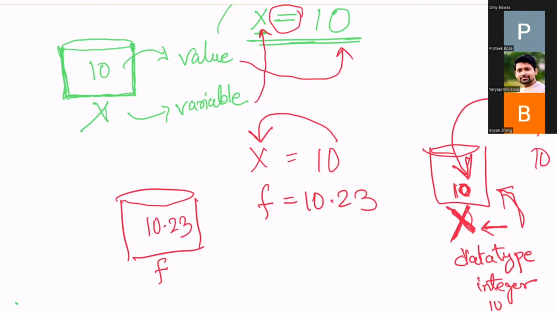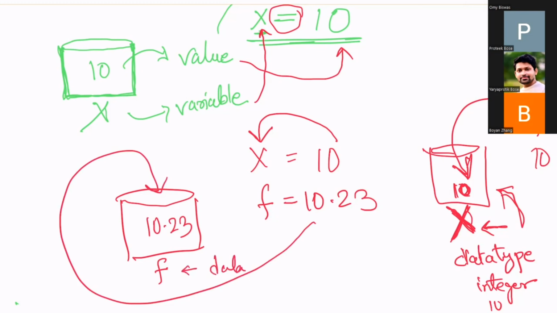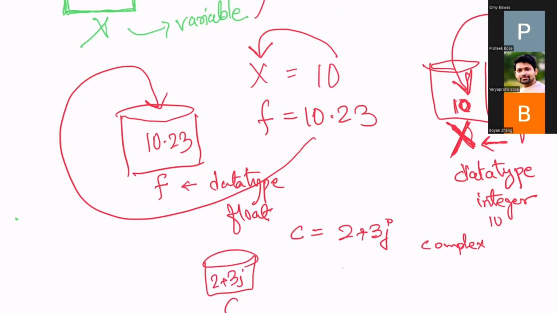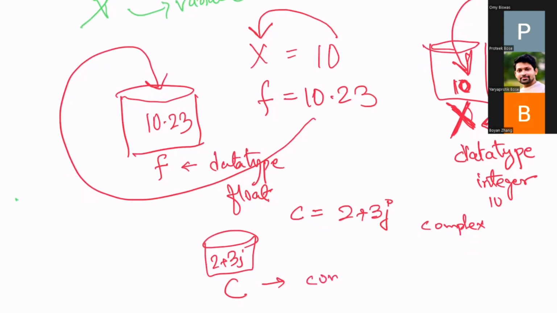In this case, the data type is known as float. There are other data types, like c equal to 2 plus 3j. That is a complex number in mathematics. So if a container is named c and has 2 plus 3j inside it, the data type is known as complex.